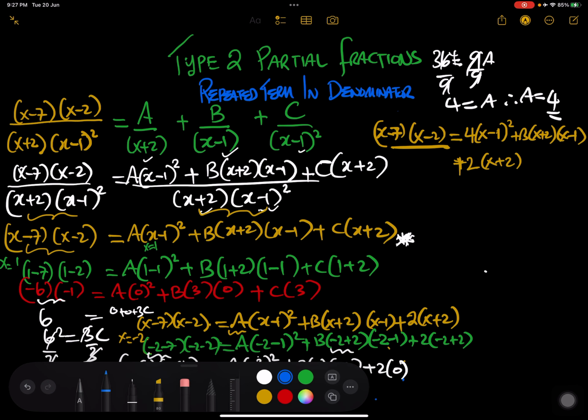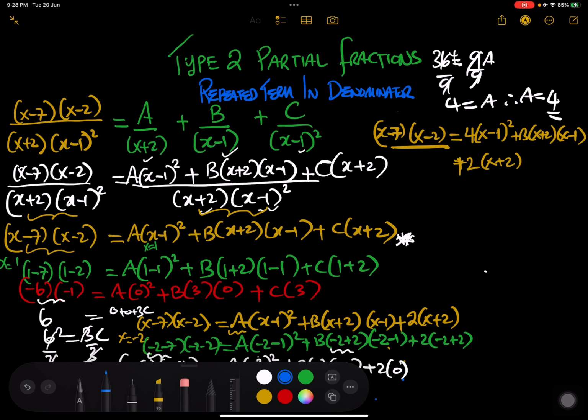We've already tried when x is equal to 1 and when x is equal to negative 2. So let's imagine for a second, when x is equal to 0.